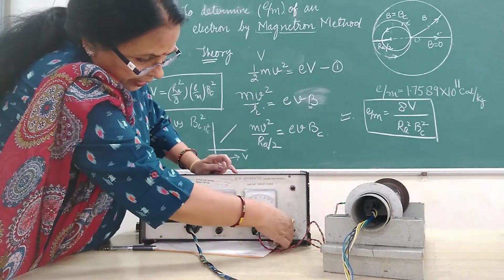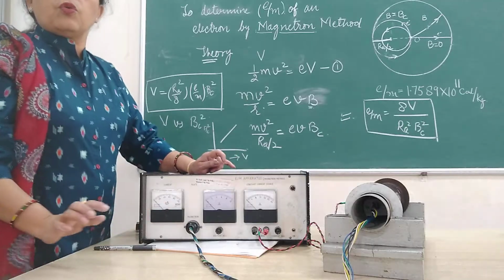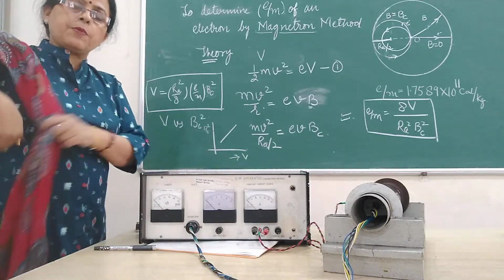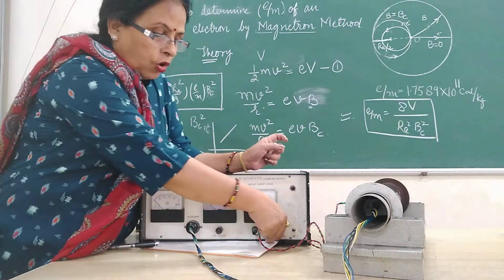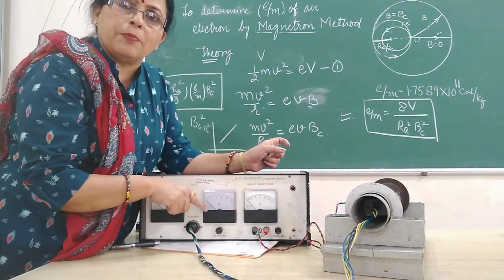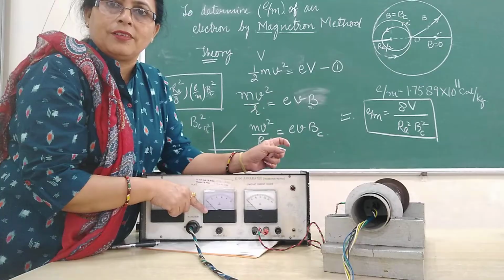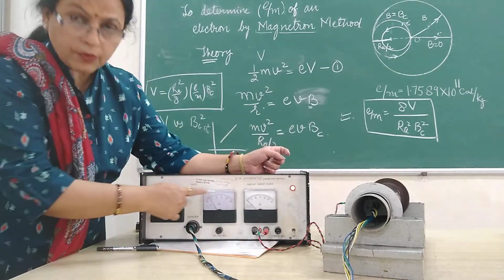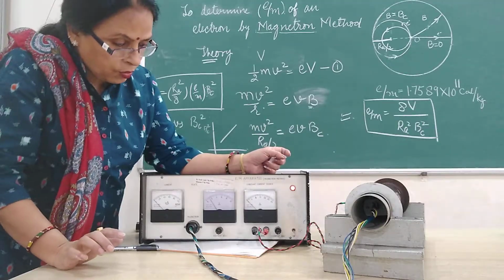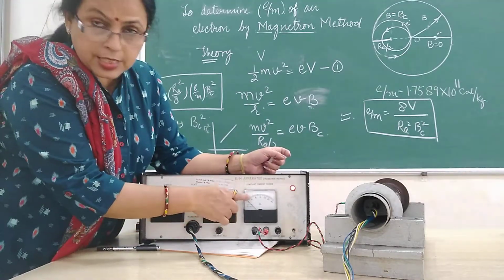Whenever you perform an experiment and switch on the device, we must ensure that all the knobs are in the minimum position. Okay, so we switch this on. Now this is the solenoid current.